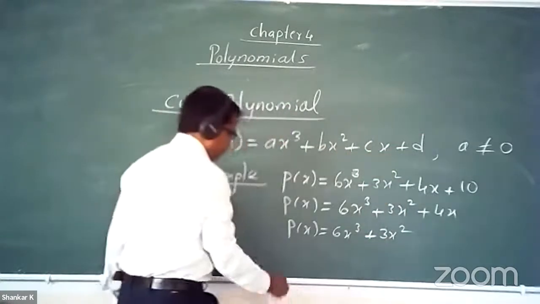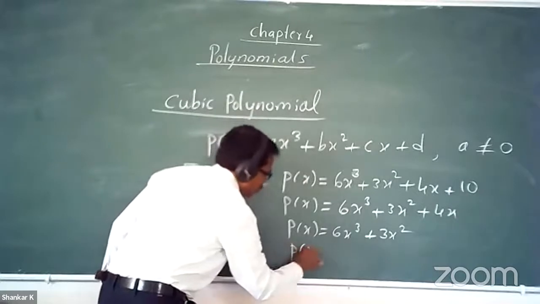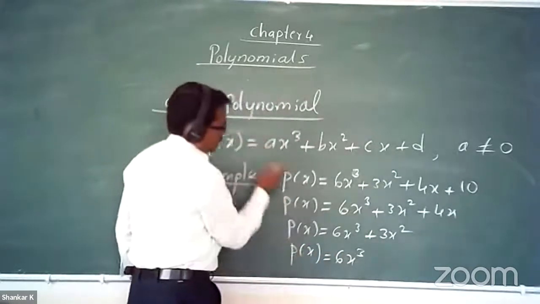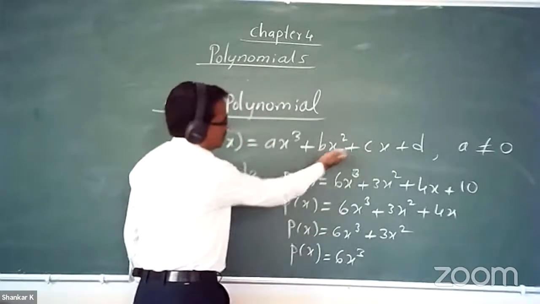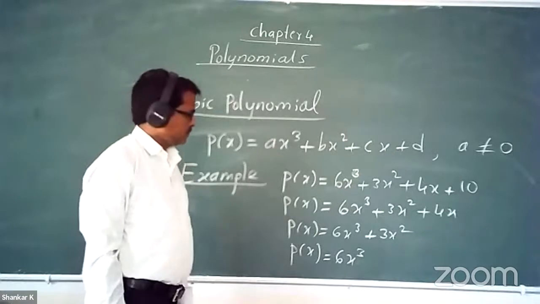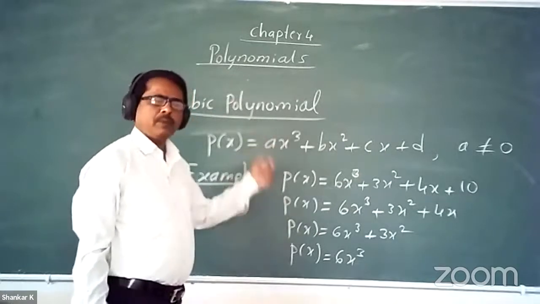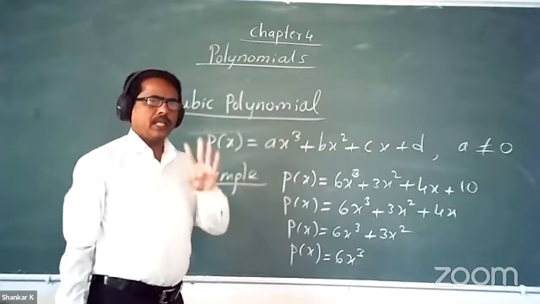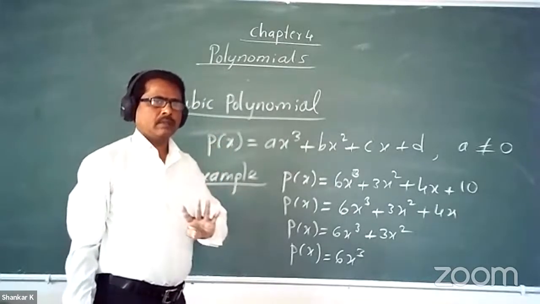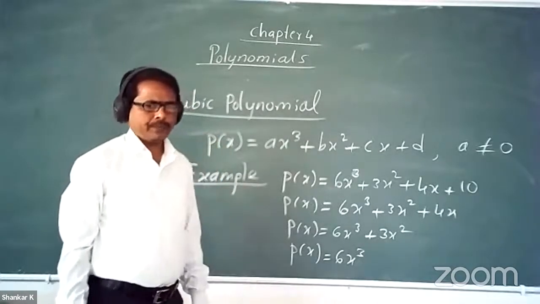P of x equal to 6x cube. So a is 6. B is not there, c is not there, d is not there. Understandable. This is a cubic polynomial. If the degree is 4, that is called biquadratic. That you are not going to study.